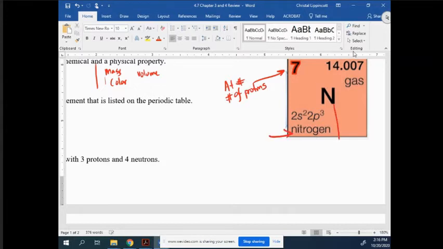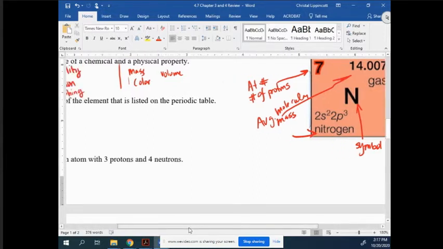We have the symbol here, and then this is the average molecular mass. This would also indicate what phase it's in when it's at room temperature. And then next chapter, we'll get into what these things are. You don't need to worry about those right now.